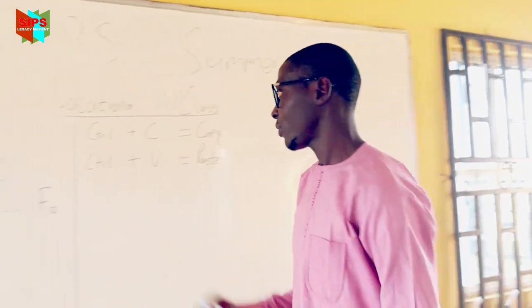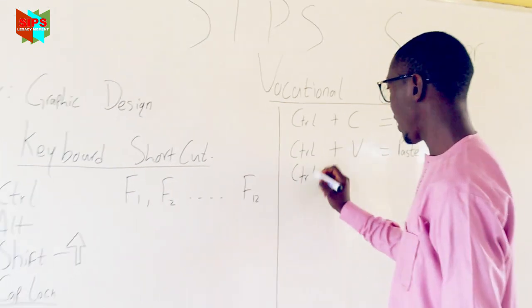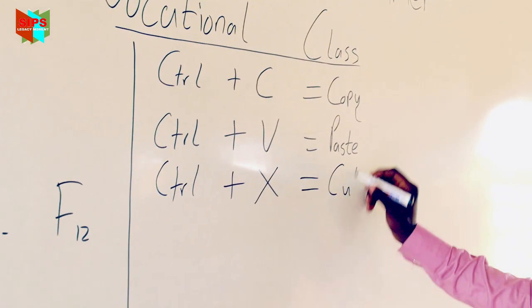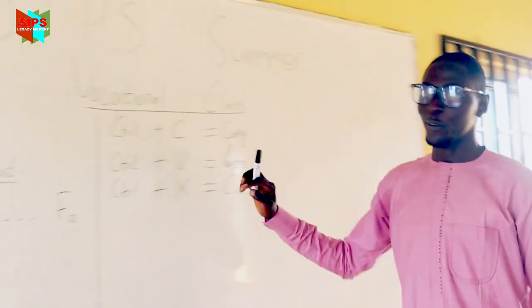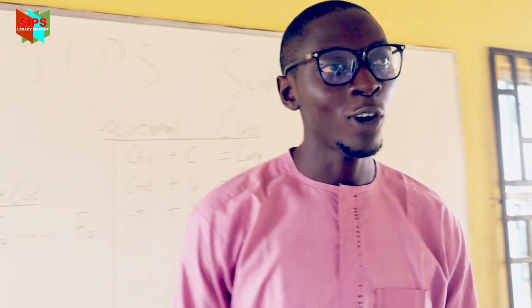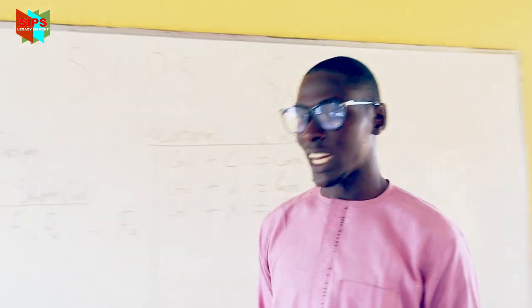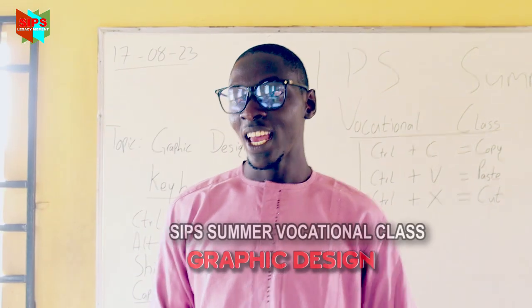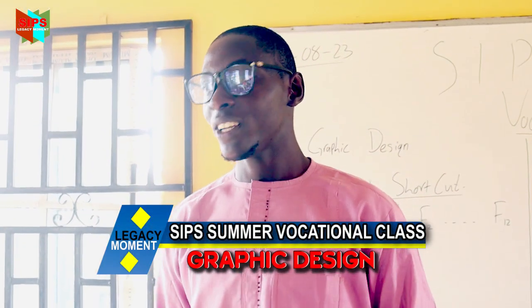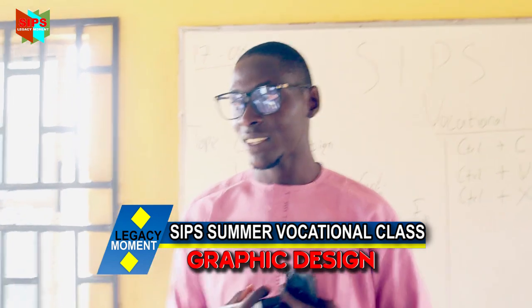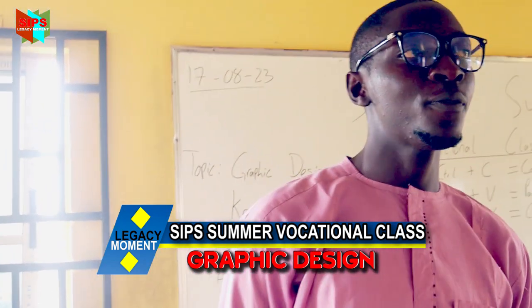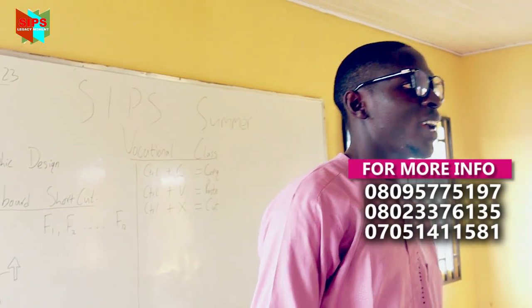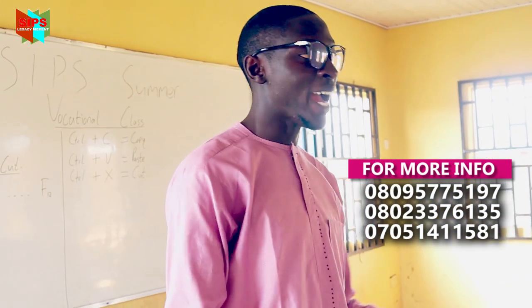There's another function, and we'll be going quickly through all these shortcuts. It's called Control X, to cut. This process of cutting, it means the copy of the book I'm having, I'm not taking it to a photocopy machine, I'm just issuing it to you directly. So cutting means that you will not have a copy again. If I copy the book, I will have a lot of copies to go around, right?